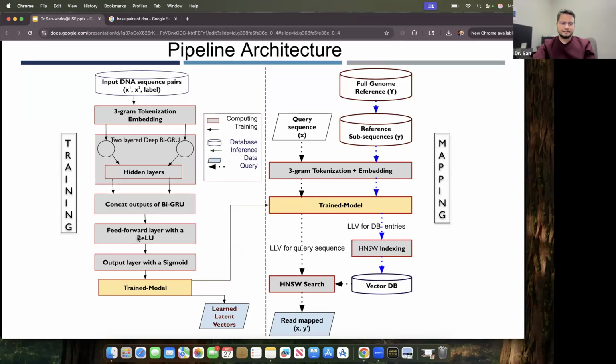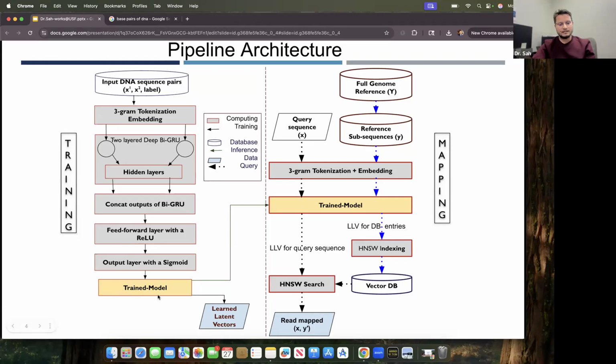I train using millions of data, and once it is trained, that trained model has the ability of transfer learning.